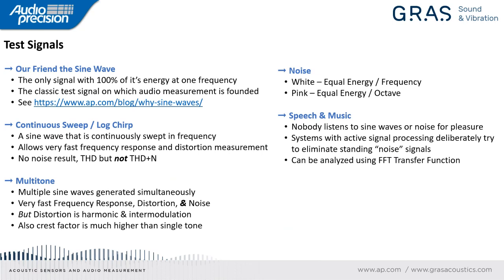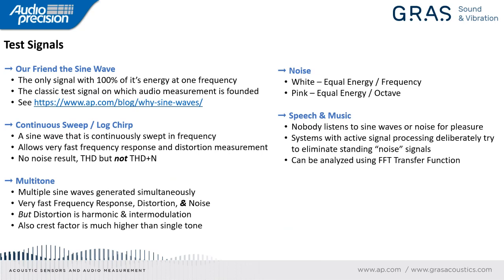The disadvantage is the distortion we'll look at is not just harmonic distortion. It also includes intermodulation distortion, and that makes comparisons to a classic single tone THD measurement difficult to make. And also because we're playing multiple sine waves simultaneously, the energy in each sine wave is lower than if we were playing just one.